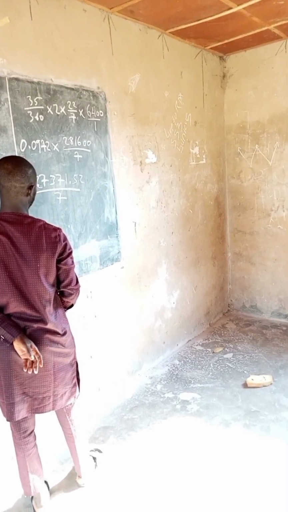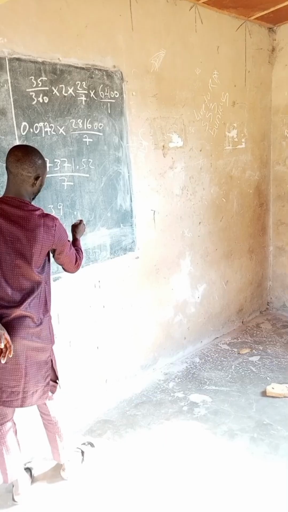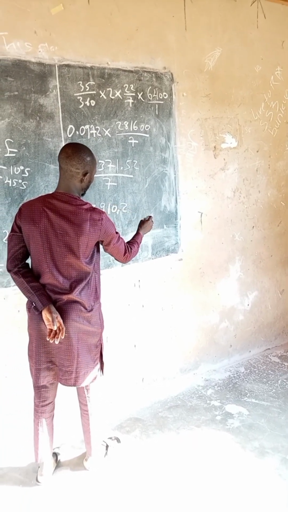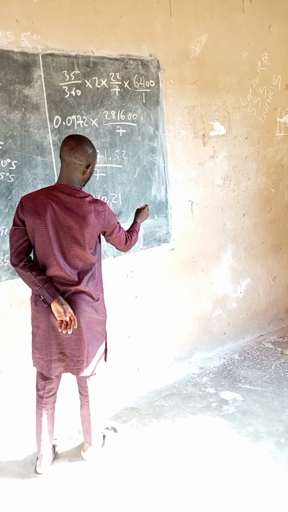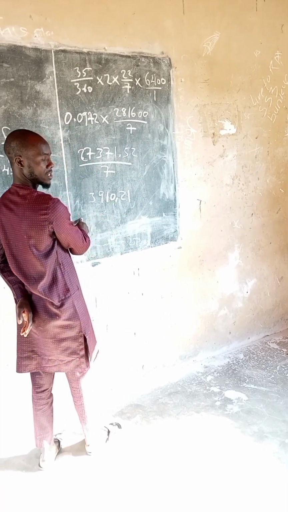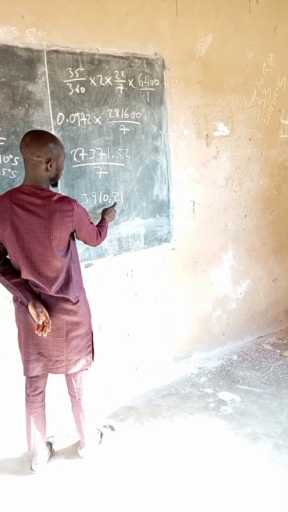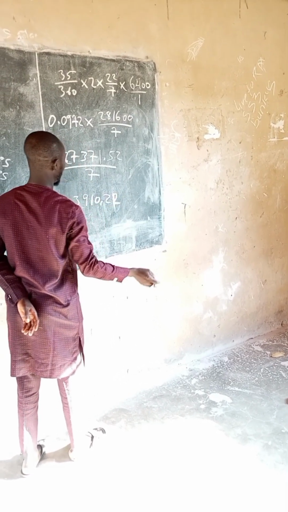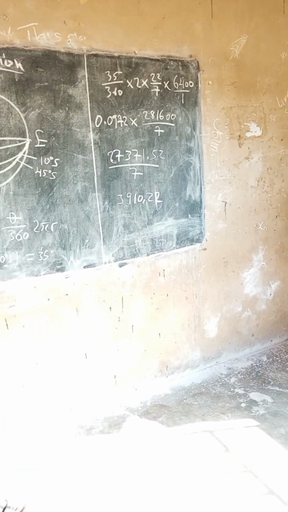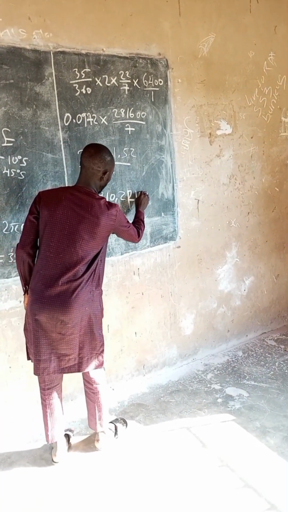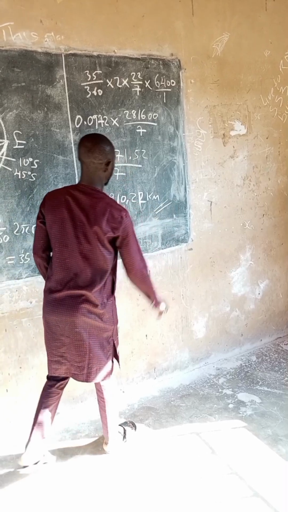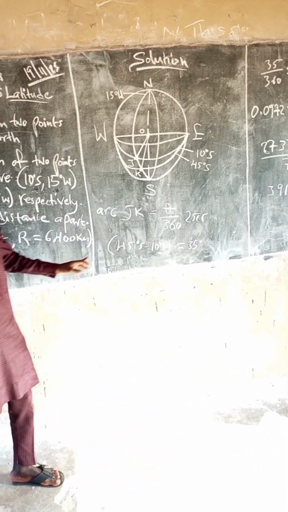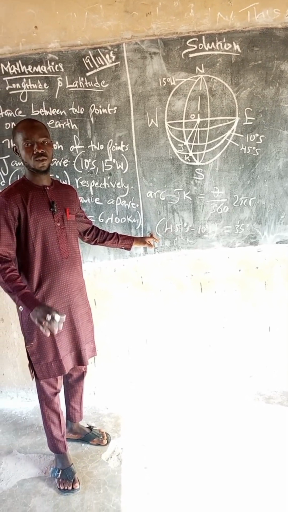It's going to be 3910.22, so we are going to approximate this to 3910.22. Remember we are asked to calculate the distance apart, so it is going to be in kilometers. So when you do this, you have calculated the distance between these two points, and that is how it goes. So thank you.